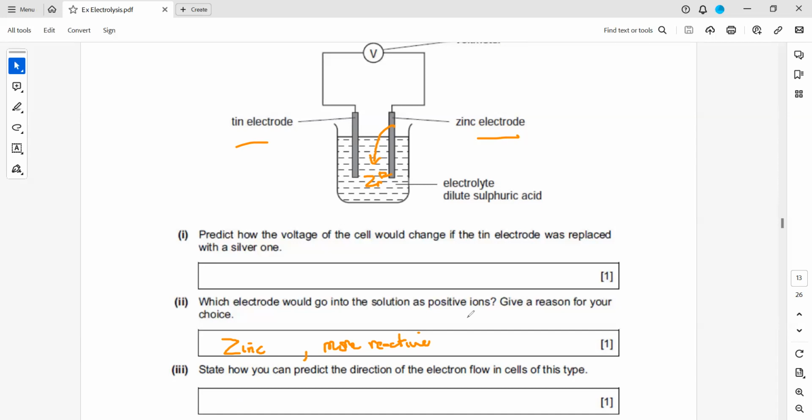So we can predict it will be from more reactive to less reactive metal, because the more reactive metal can easily lose electrons.